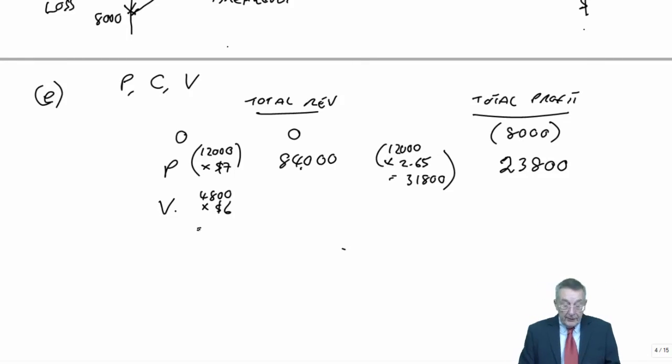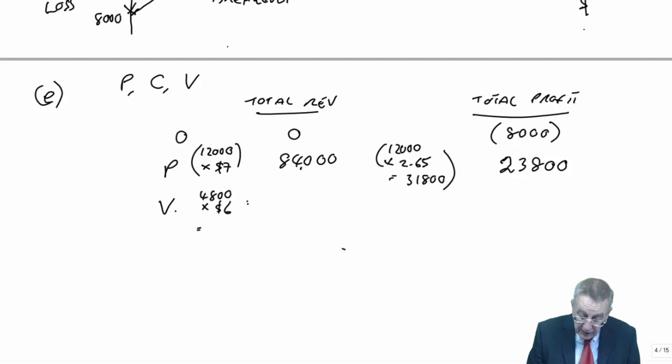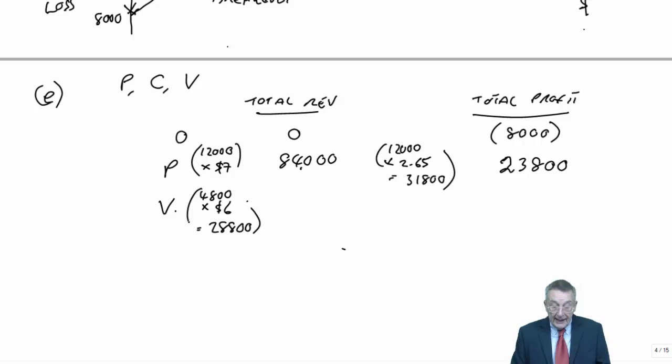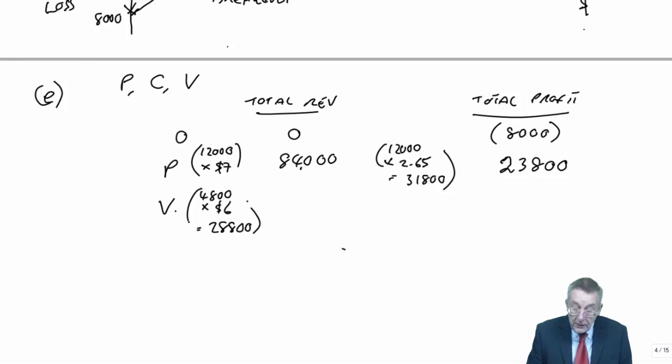So 4,800 times 6, we'll get an extra 28,800. We've already got 84,000 from P. If we now sell as many V's as we can, the revenue goes up to 112,800.